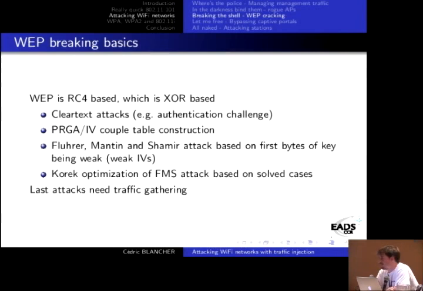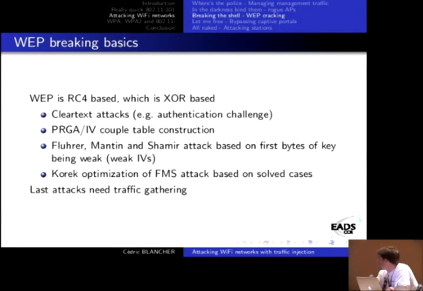But in the WEP case, they use it. So finally, working on them, they discovered that when you use what they call weak IVs, then you can get information on the key that had ciphered the packet. So in the end, by grabbing about a million packets, you can just crack the key like this.